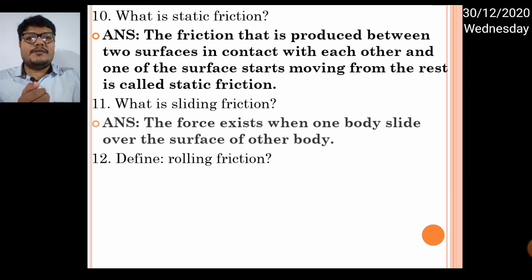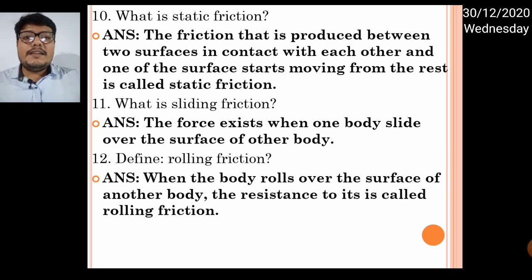See here, first one, sliding: the force that exists when one body slides over the other, right? And rolling means when a body rolls over the surface of another body, and the resistance to it is called rolling friction, right? These are the three kinds of friction: static friction, sliding friction and rolling friction, and they are most important.